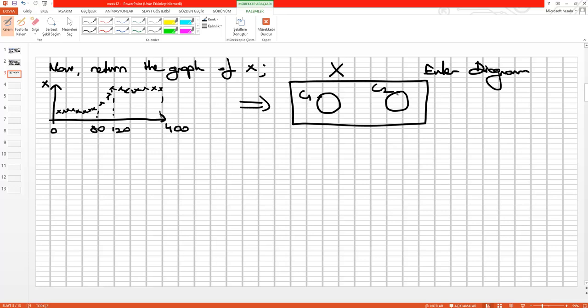Or how can we calculate the C2 probability in here? And so we need to talk about the prior probability in this case. Okay? Then the second topic is related to the prior probability.